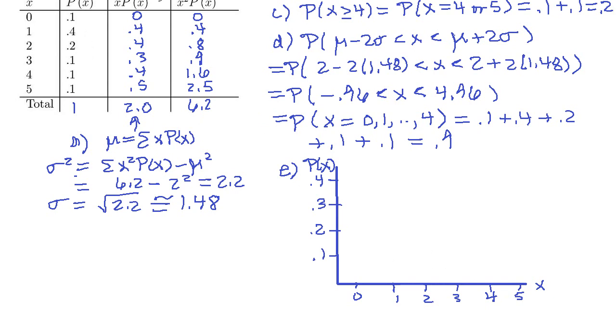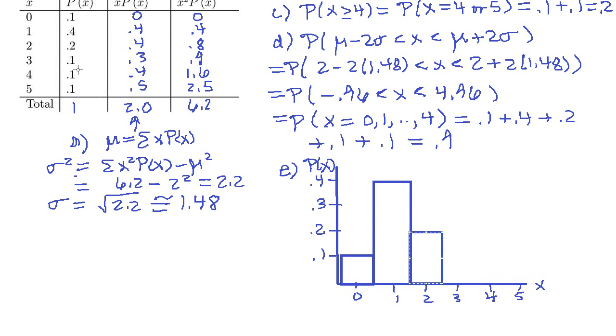So 0 had a probability of 0.1, so we want a bar centered over 0 of height 0.1. 1 had probability of 0.4, so I have a bar centered over 1, goes up to 0.4. 2 had a probability of 0.2, so we got our bar centered over 2, goes up to height 0.2.